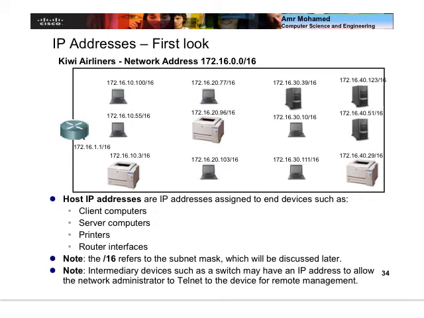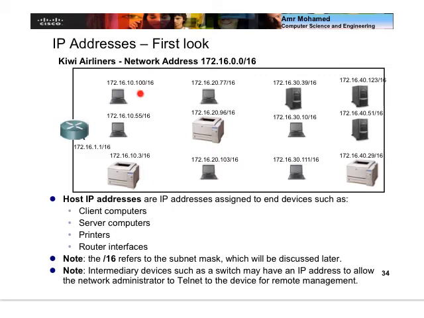So we need some kind of a variable range for each network, and how do we do that using the IP address and the subnet mask. So we need to define what IP address is, what subnet mask is, and how they are used, and so on. So the /16 here refers to that subnet mask.